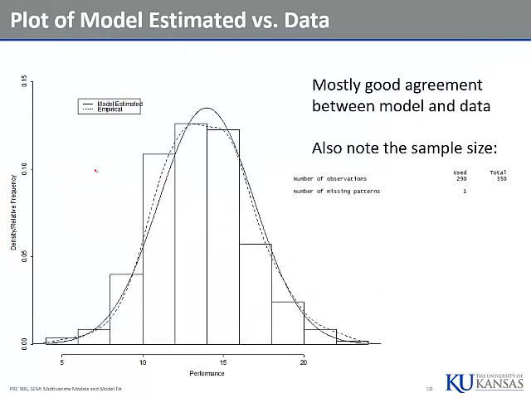Okay, so I took that, and we've seen this with data, right? I want to connect model to data. That's what a lot of this class happens to be. So here's a histogram of our performance data. The dotted line is what we call a smooth distribution. It's essentially, if we were to create a relative frequency out of our observed data, what would it look like? And then the smooth line is the dnorm function in R. So I created all this with R. I just wanted to overlay it.